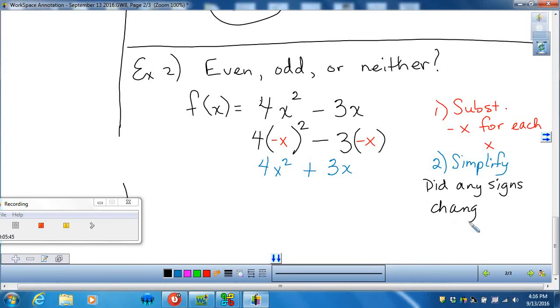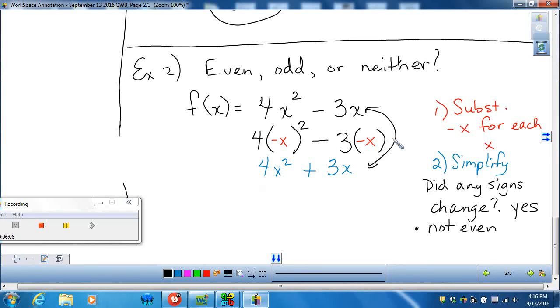The answer is yes. Did any of them change? The answer is yes. So this is not even. Okay, that's the first part of my answer. I know it's not even.